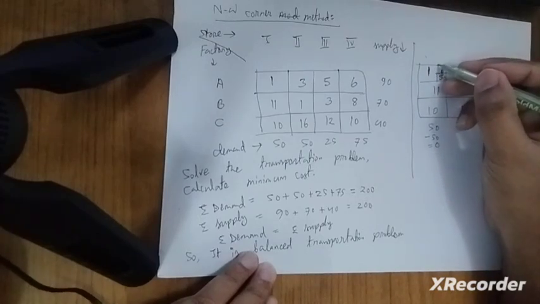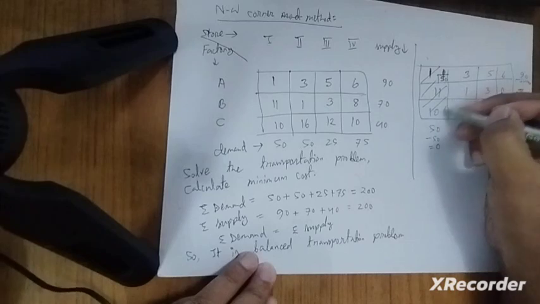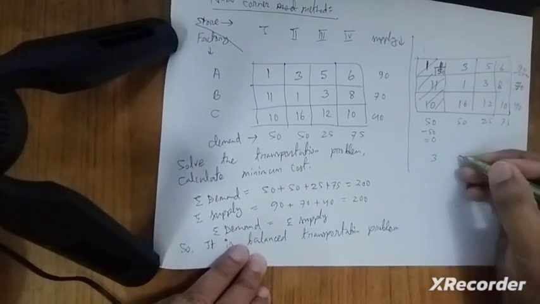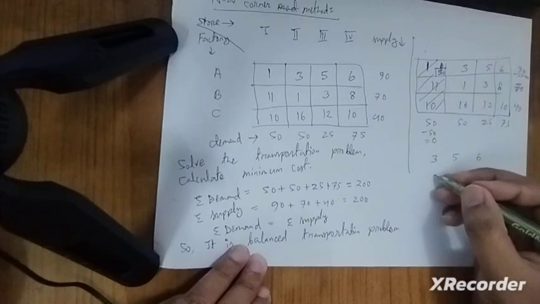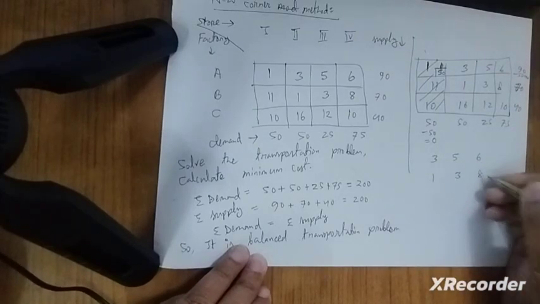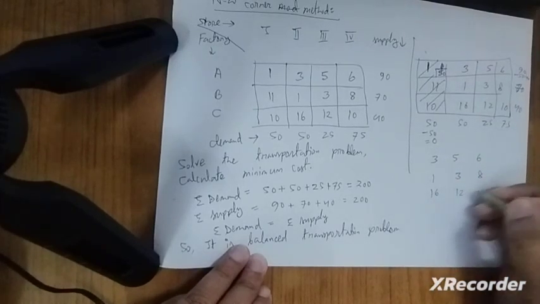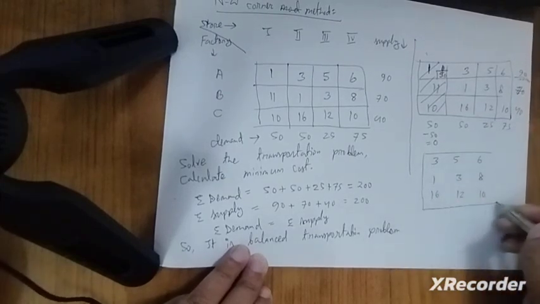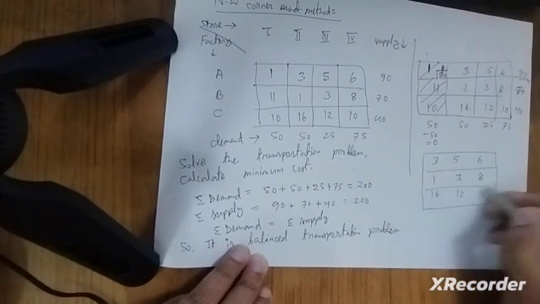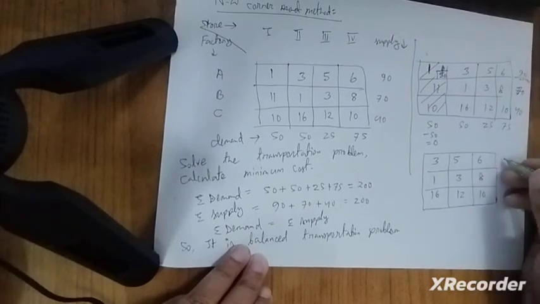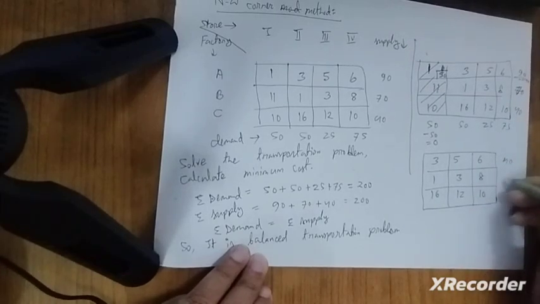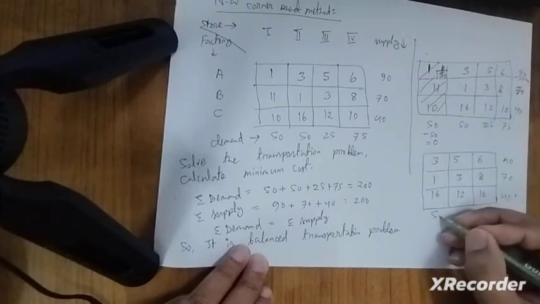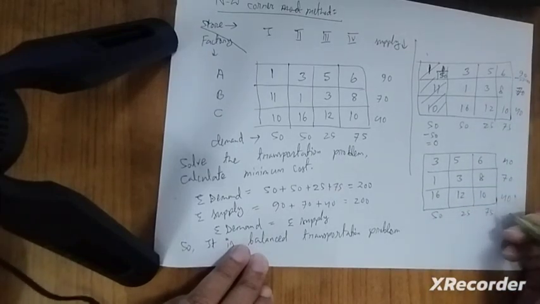In the next step, the cost matrix will be 3, 5, 6, 1, 3, 8, 16, 12, 10, and the supply will be 40, 70, 40, and demand will be 50, 25, 75.